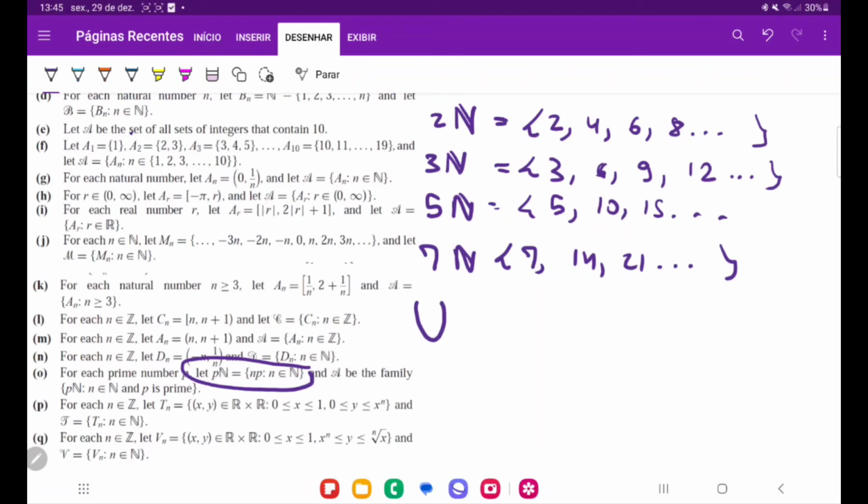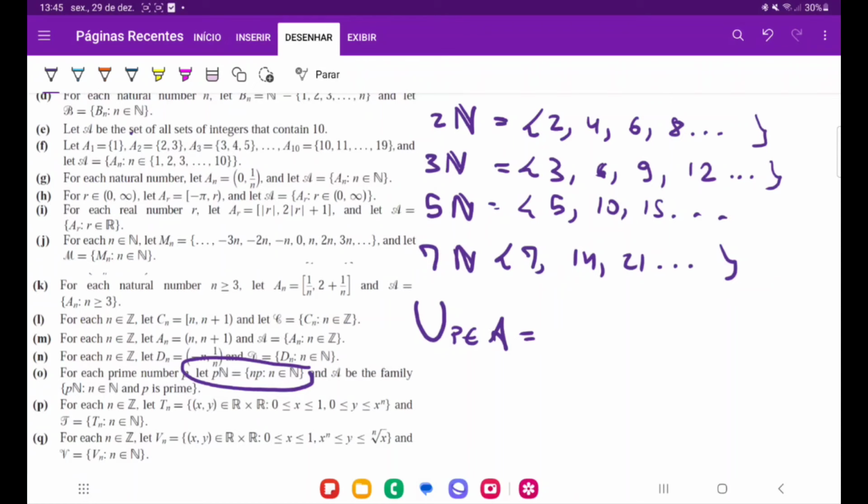So let's look at the union. So the union of p belonging to this family. Oh wait, no, the family is A. So I'm going to say for each p belonging to A. And this union here, well, we're seeing what are all the values that it could take. Because we're looking at the multiples of prime numbers, if we take all the prime numbers, we can pretty much get every possible number out there, right?